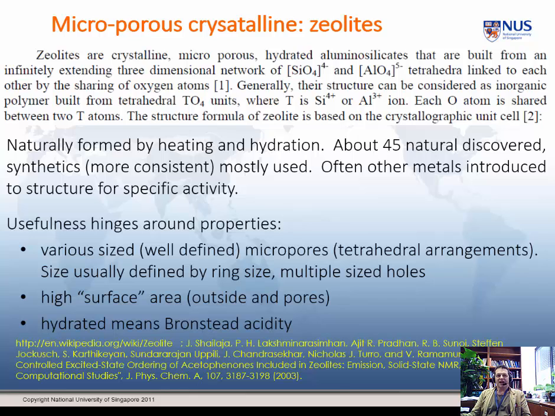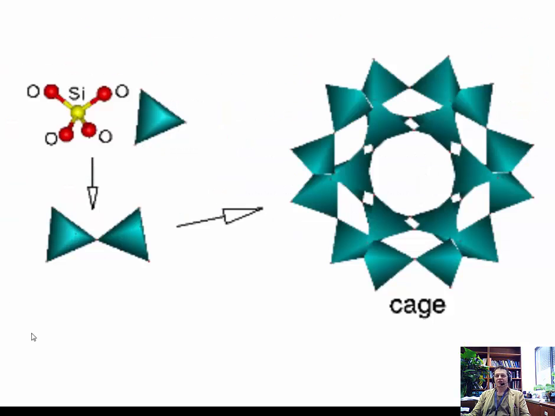Okay, what I'm going to do now is show you a picture. This is a representation of a zeolite structure, or the way they're put together, which actually helps you understand something about them.